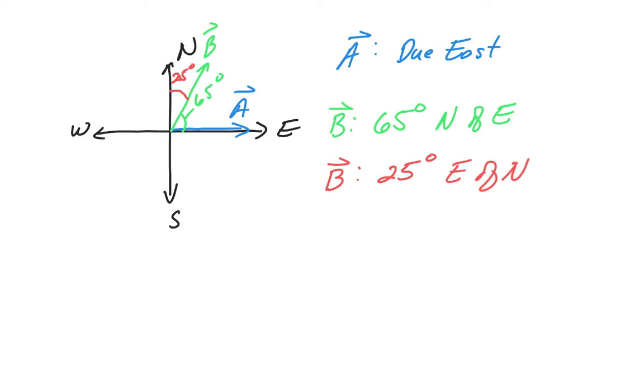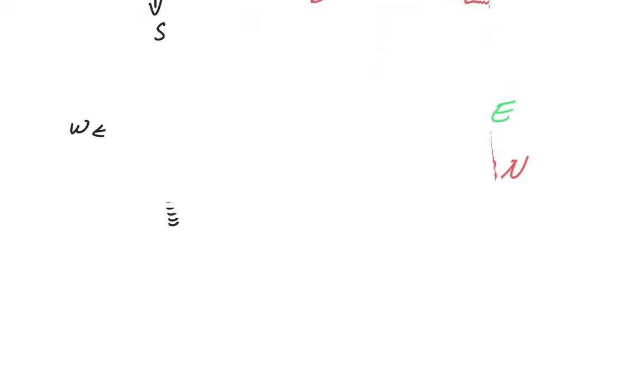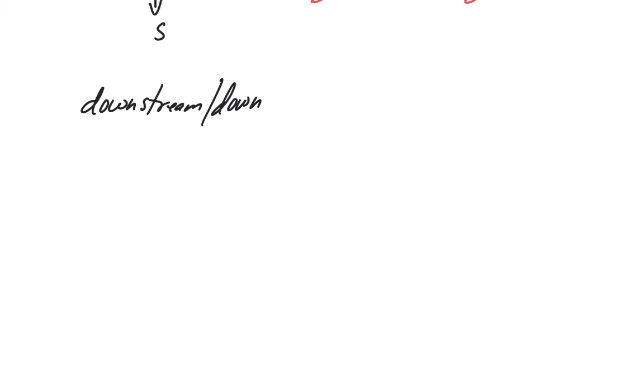The next thing we have to understand when we're talking about boats or planes is this idea of upstream and downstream. So we're going to define downstream. If we're talking about a boat, we might be talking about a plane, sometimes it's basically the same idea. Downstream or downwind simply means that the boat or the plane or whatever is traveling with the current.